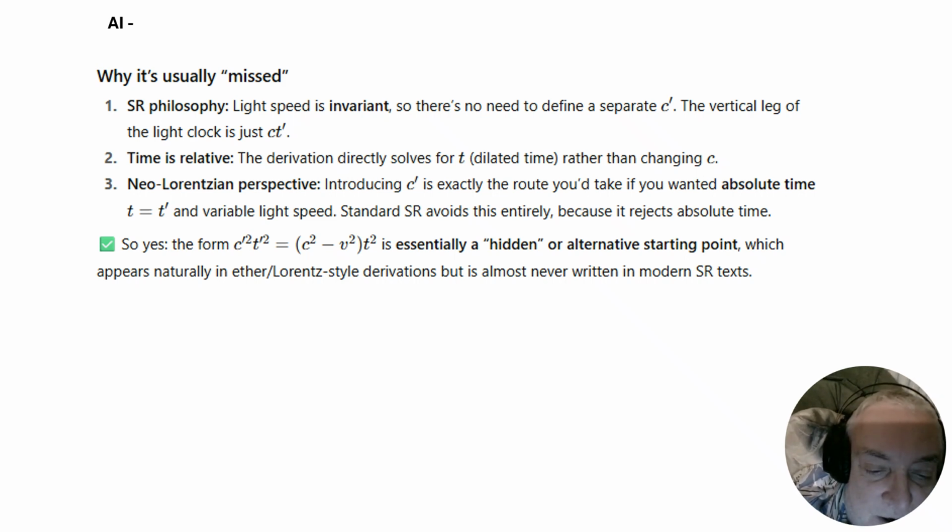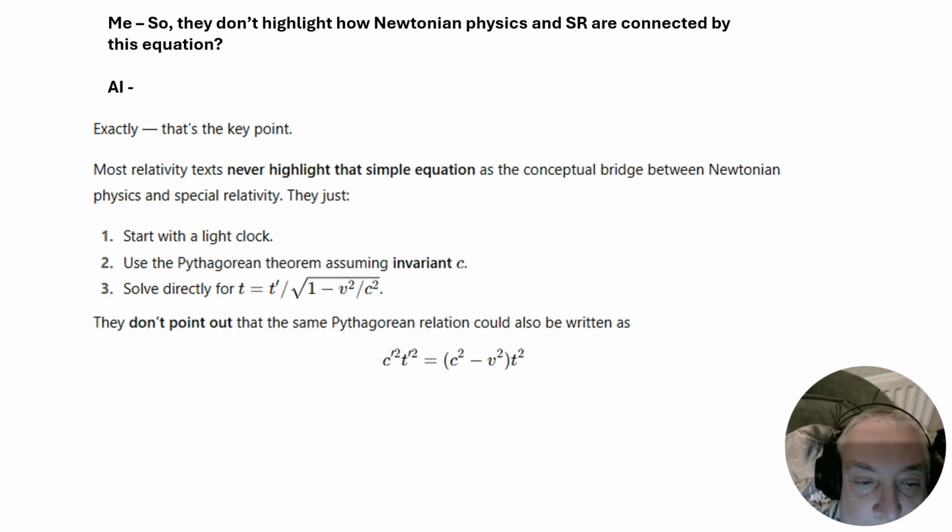So AI says, so yes, the form which I've written as the foundational equation is essentially a hidden or alternative starting point which appears naturally in ether/Lorentz style derivations, but it's also almost never written in modern special relativity texts.